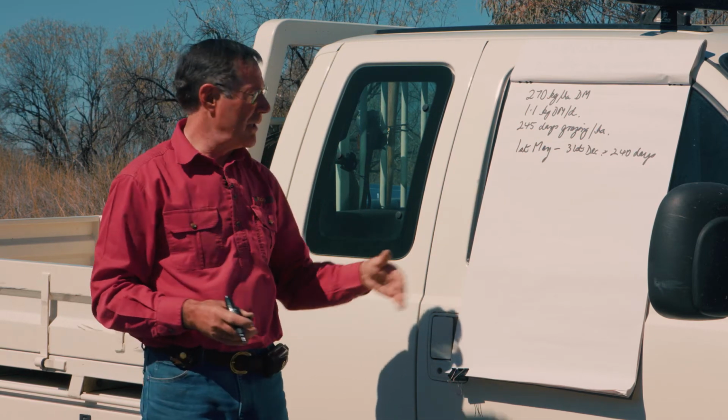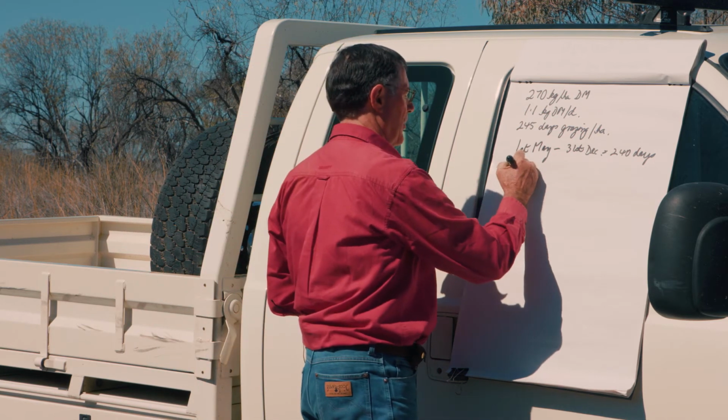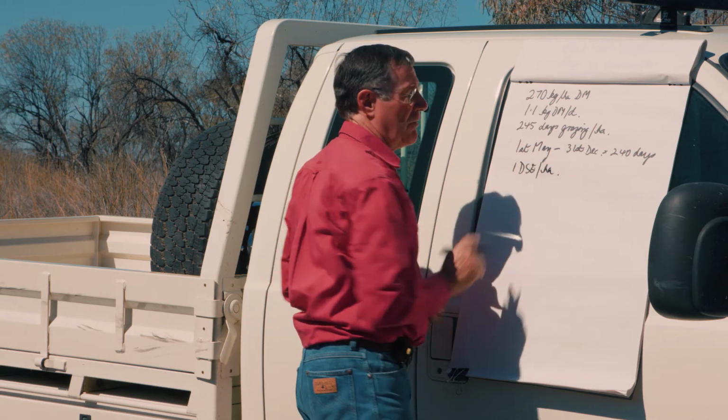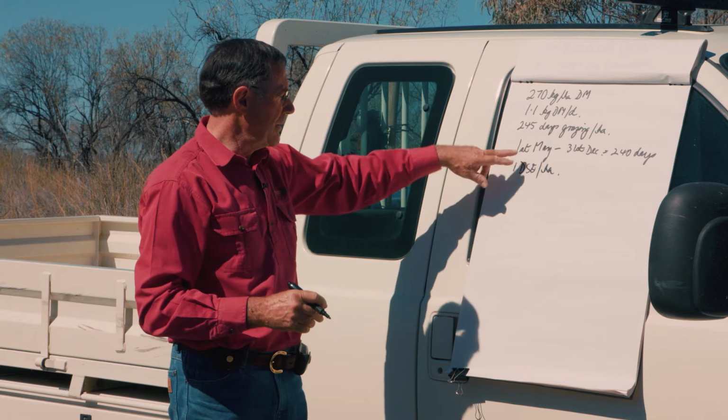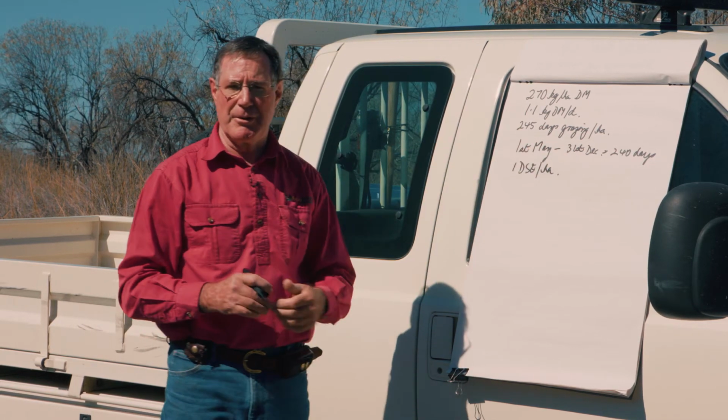So that means we can run one DSE, one dry sheep equivalent per hectare for that grazing period to take us from the end of the growing season, 1st of May, through to the 31st of December, when we'd expect enough rain and have enough pasture growth to sustain animal livestock gain.